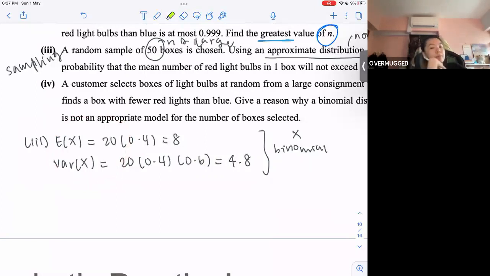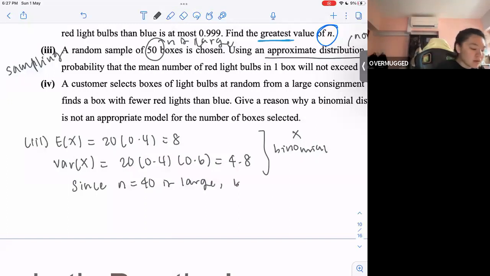Okay, so for this sample, you say, okay, since, and some of you will have learned this already, sampling, since n equals 40 is large, by central limit theorem, CLT.